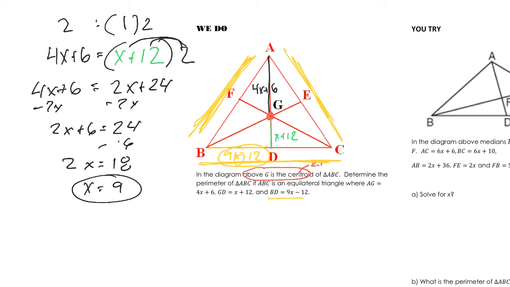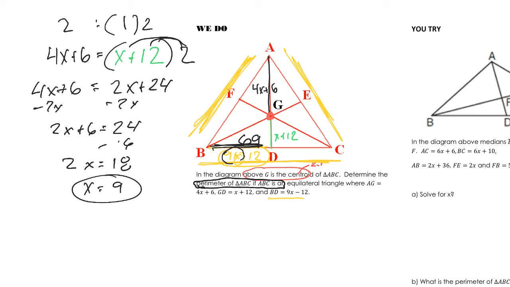I figured out what x is, but it said, what is the perimeter of triangle ABC? So I got to find all the sides. Well, I know x is 9. So 9 times 9 is 81. 81 minus 12, I think is 69. Let me just double check on my calculator. 81 minus 12, 69.